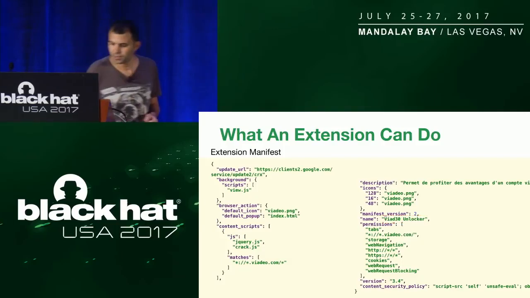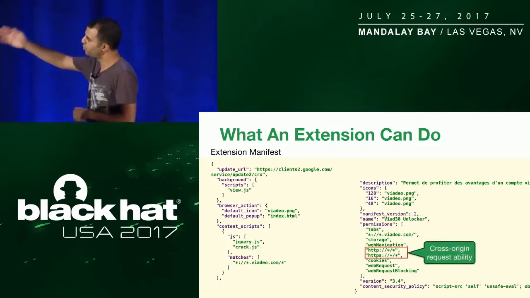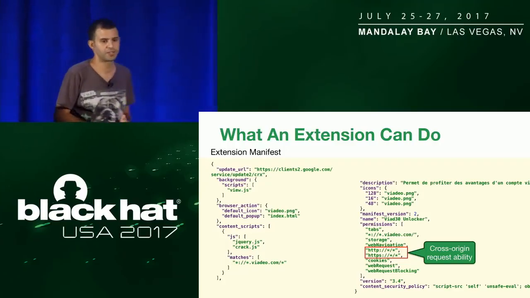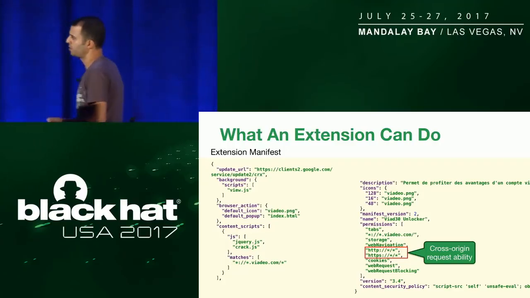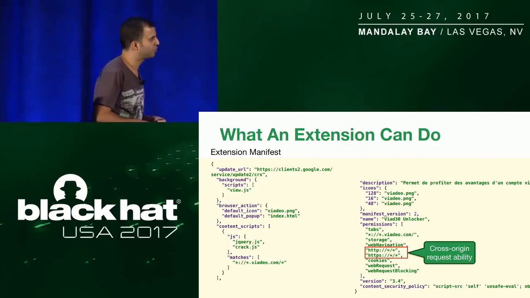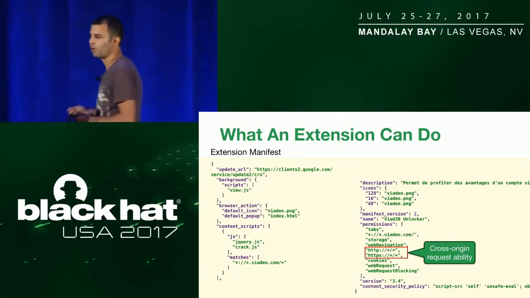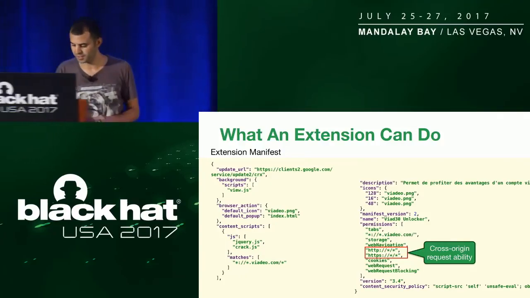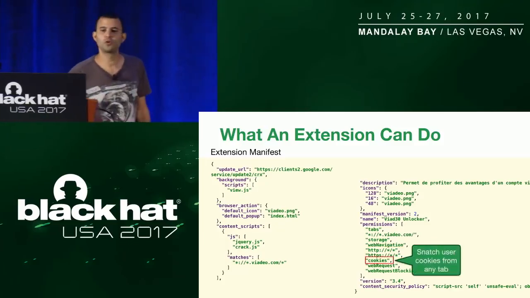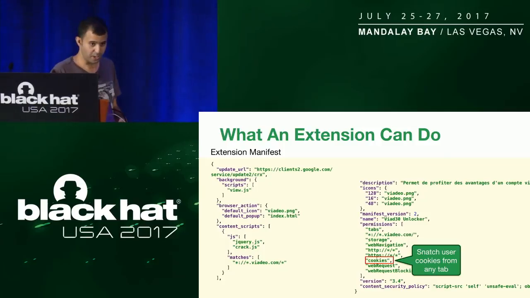So what we see here, and this is the most important part of the manifest, is a permission to fire cross-origin requests to any destination it wants on the internet. This also allows this extension to inject JavaScript code into any tab that the user is using. What else? We have access to all user cookies in all tabs. That, by the way, includes HTTP-only cookies.